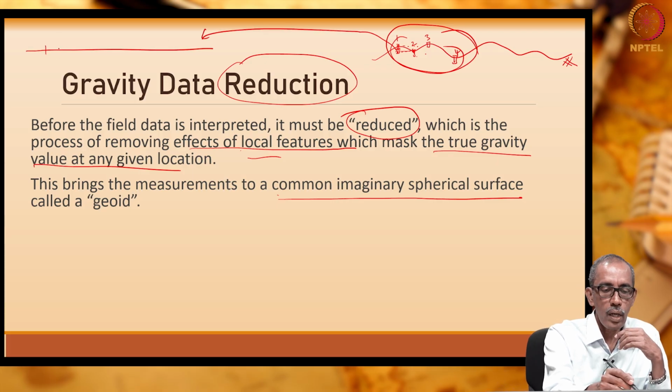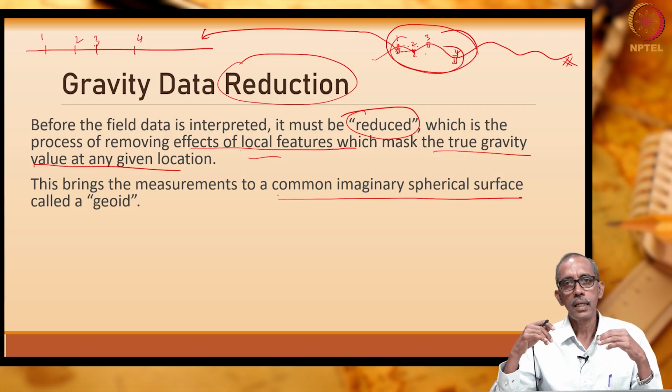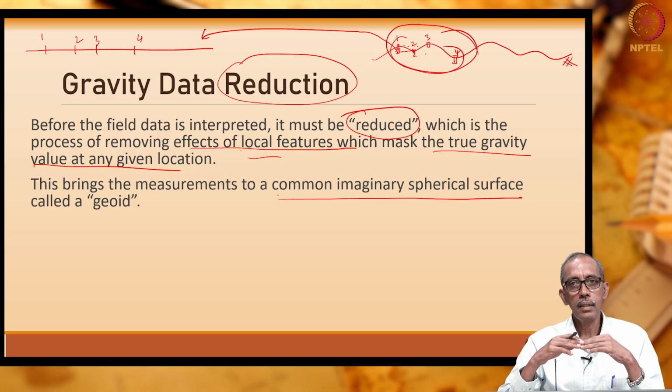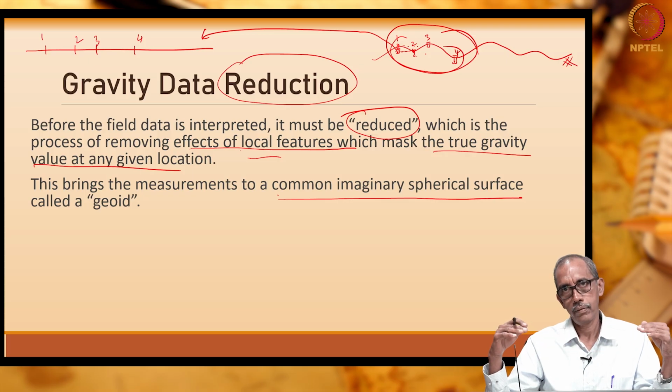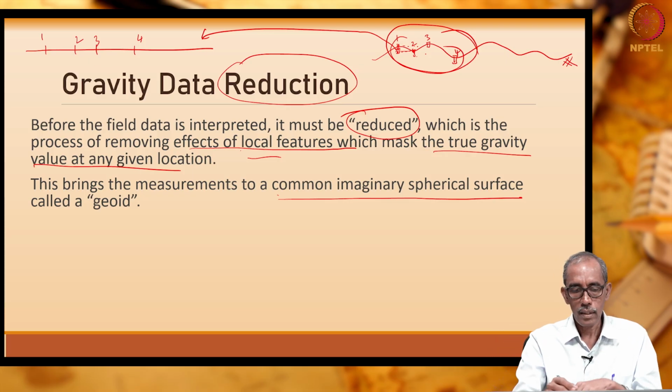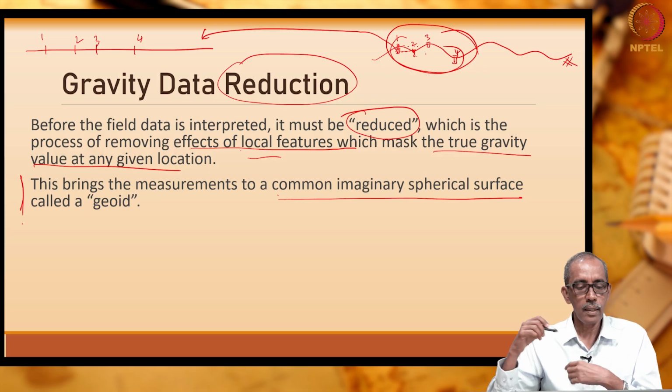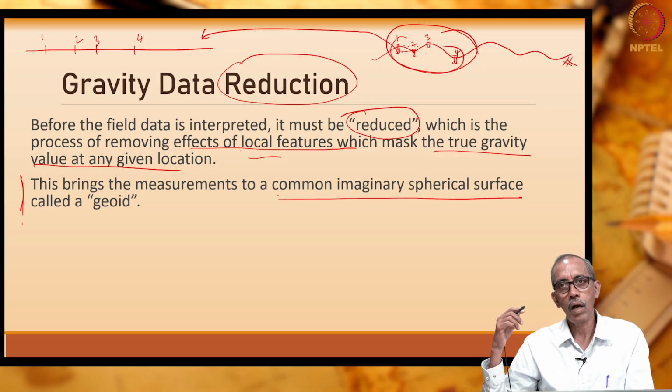This is location 1, 2, 3 and location 4. By carrying out correction, we are bringing all the stations to the same level, right? So, that is what I have written here. This brings the measurement to a common imaginary spherical surface known as geoid.